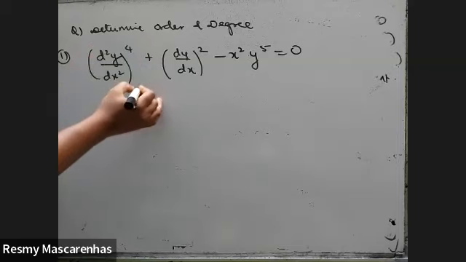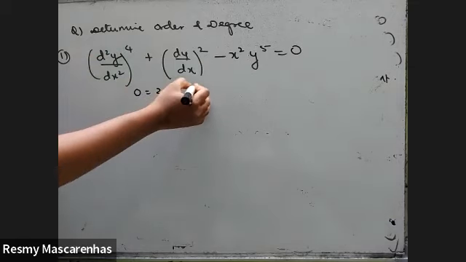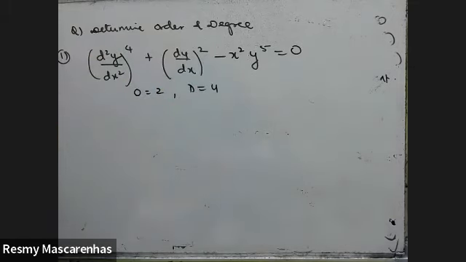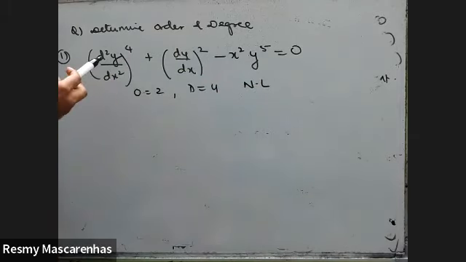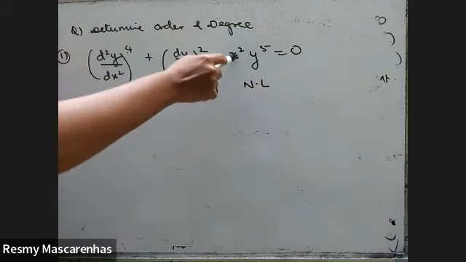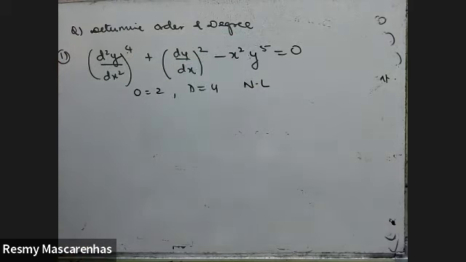Order will be 2, degree is 4. If it was asked linear type or non-linear type, it is non-linear type, because degree is also more than 1, and there's also a product. Actually, it belongs to non-linear type.